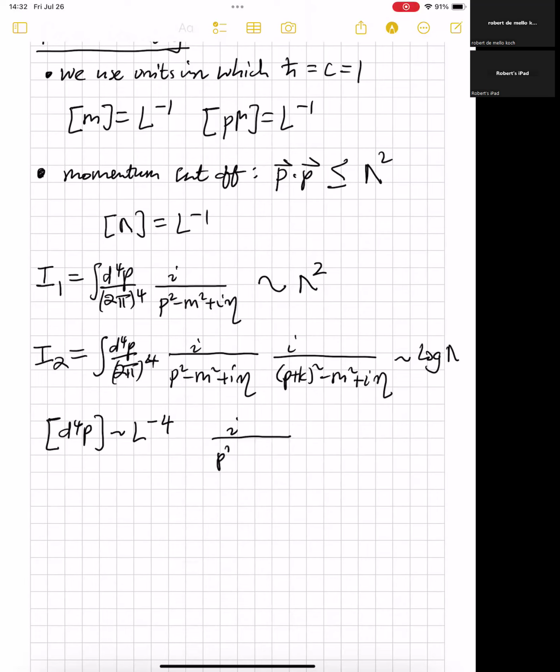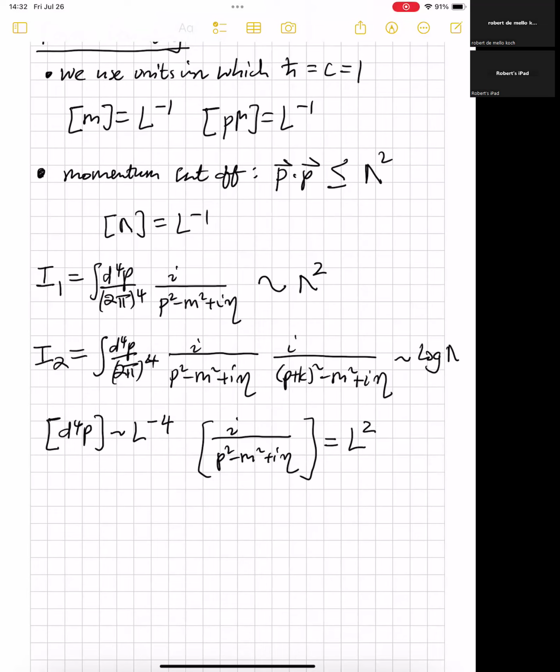And it doesn't matter whether I look at p^2 minus m^2 plus iη, this would have exactly the same dimensions as i over (p+k)^2 minus m^2 plus iη. This is generally giving us the dimensions of a propagator, and this will have dimensions of length squared, because it's 1 over length to the minus 2, so this will be length squared.